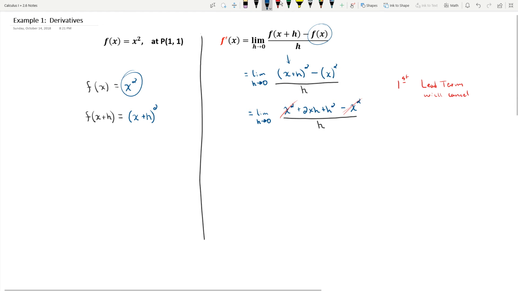And second, when you do this correctly, each term should contain an h in the numerator.